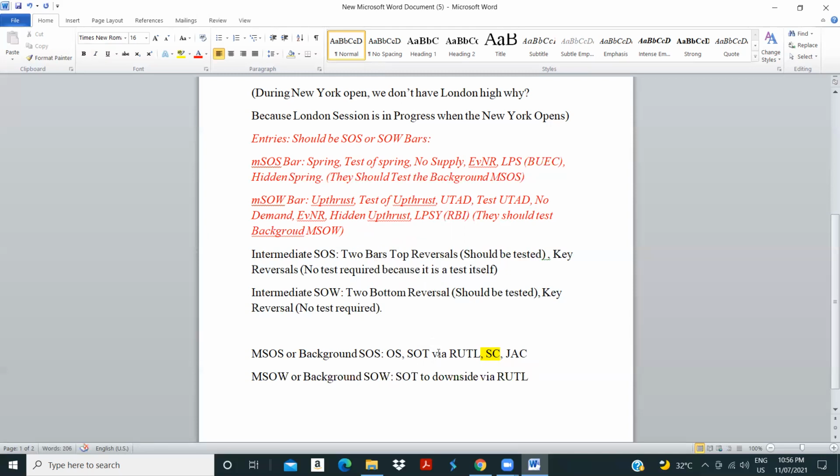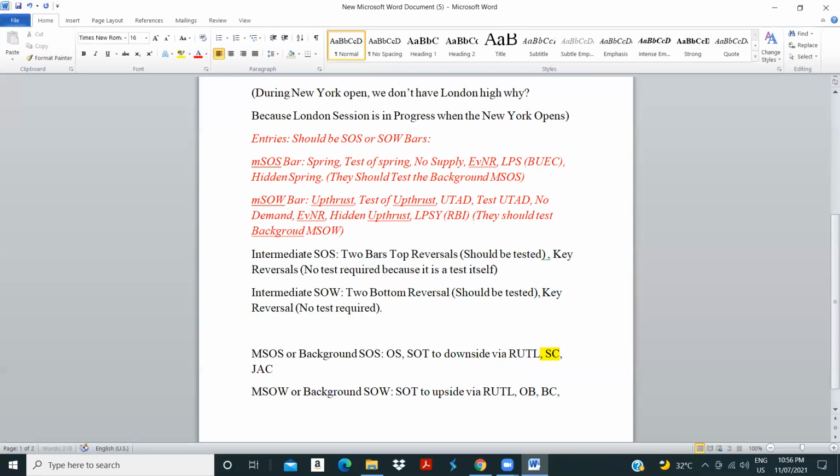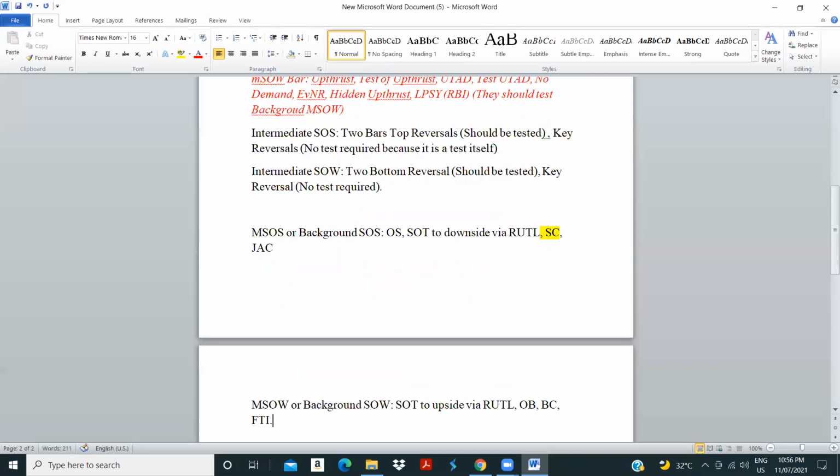Here the SOT will be upside and this one was the downside. Then we have overbought, buying climax, and the last one is FTI, fall through ice.